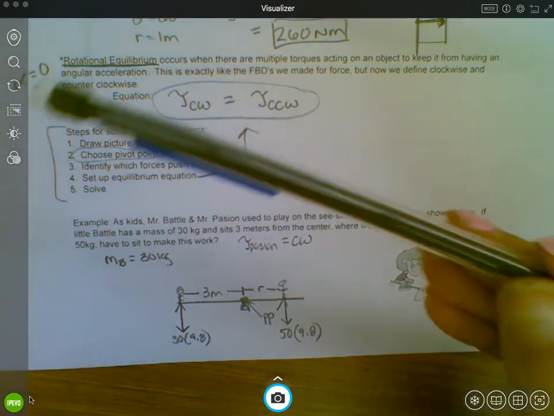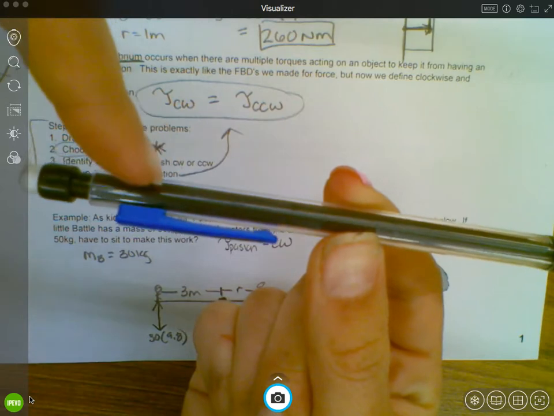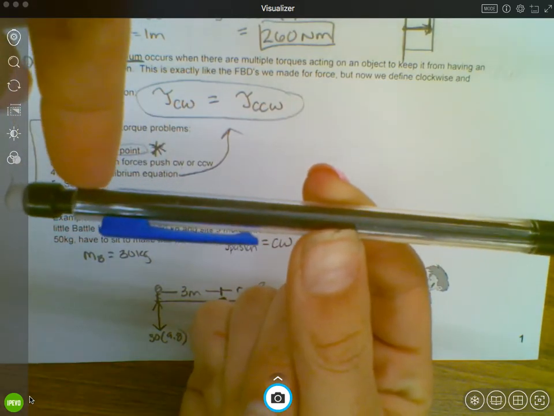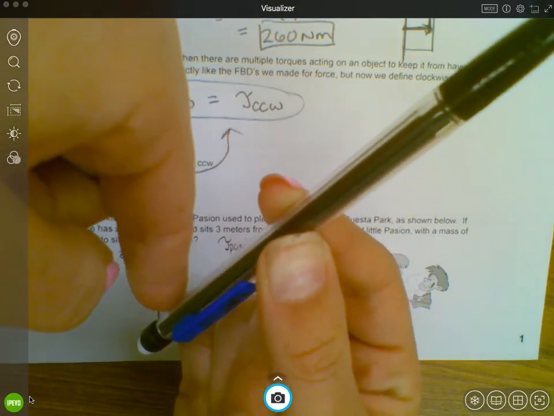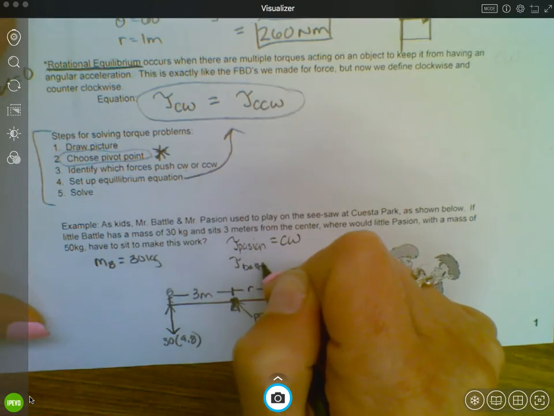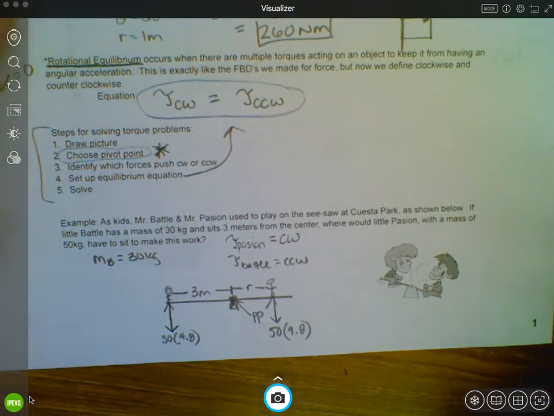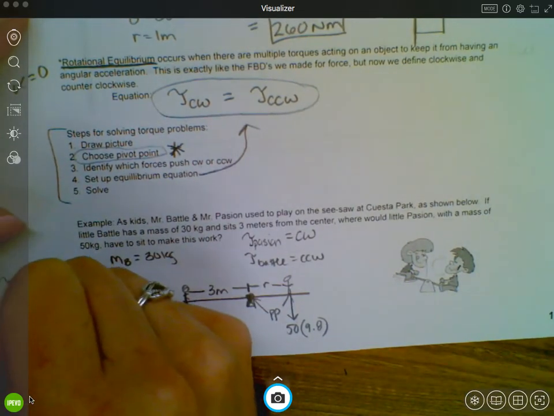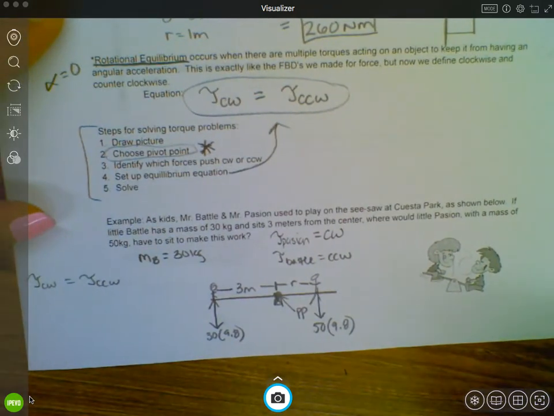Now, the torque caused by Mr. Battle is over here. If his force is the only force, it rotates counterclockwise. So the torque caused by Battle is counterclockwise. Now we're going to set up the equation: the torques clockwise equal all the torques counterclockwise. There are no other forces on this seesaw.